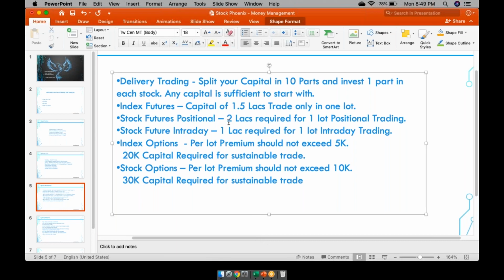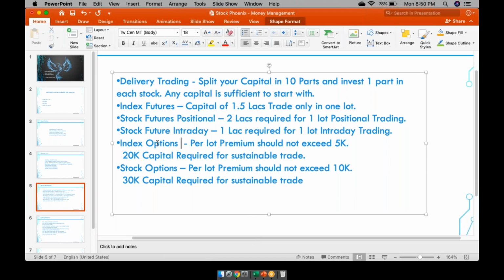For stock futures intraday, 1 lakh rupees is required to trade 1 lot intraday, and whether it is a profit or loss, close the position the same day. Don't carry forward the positions to the next day if you have only 1 lakh rupees.